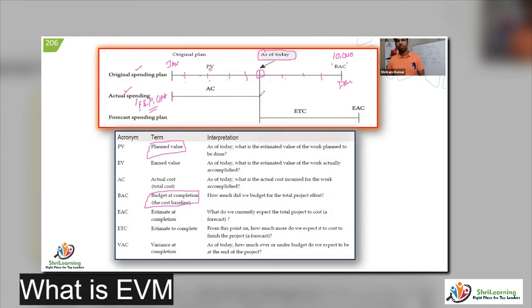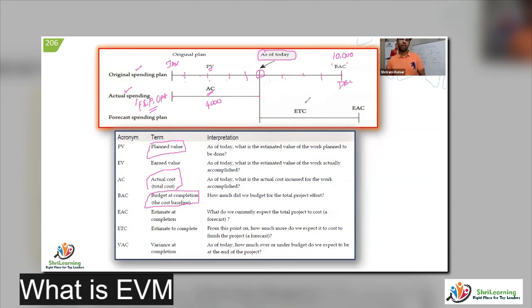When I look from day one till today, I will see AC. AC stands for actual cost. From January till August, how much have I spent? Out of 10,000, I would have spent around 4,000 for the work to be completed. If 4,000 is spent, I will have a balance of 6,000, right?